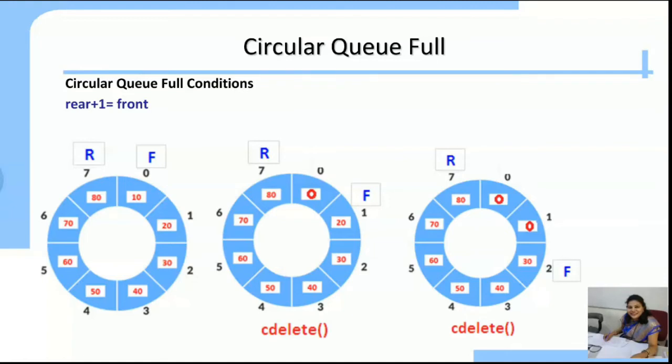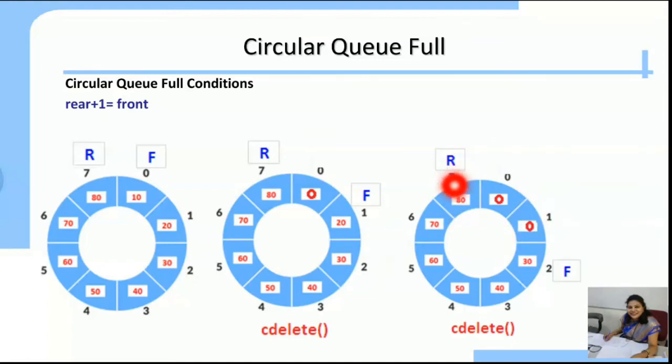Now we are going to perform the insert operation. If you see this queue, here rear is equal to max minus 1. If this is a linear queue, then this is a queue overflow. But this is a circular queue, so we are rotating front and rear.